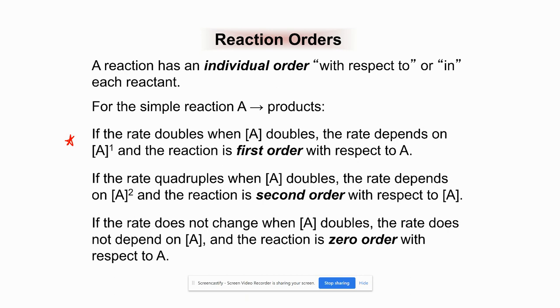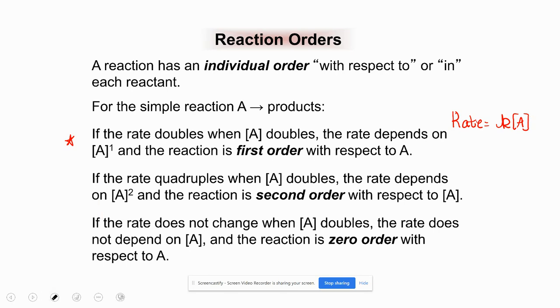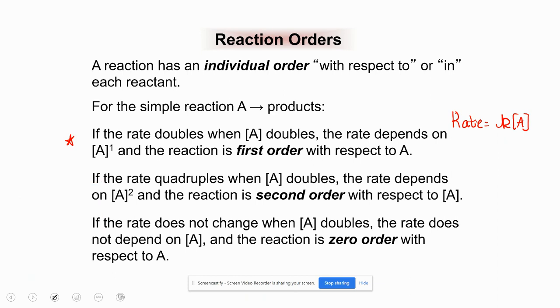So let's think about that. If rate equals k, A to the 1, okay, if rate equals k times A to the 1, notice if we doubled A, 2 to the 1 is 2, right?